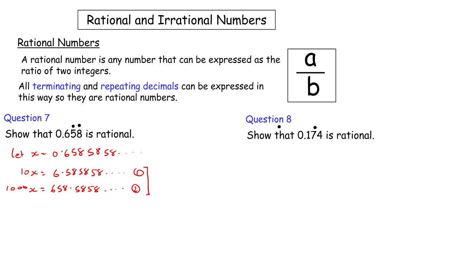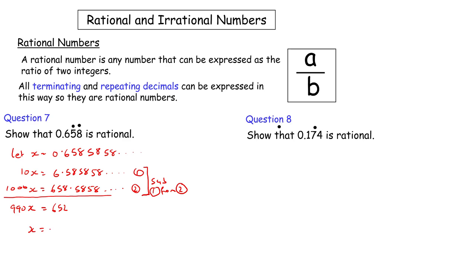So if I subtract 1 from 2, let's just draw a little line here, then I get 990x is going to be equal to 658 minus 6, which is 652, and the decimals, they subtract themselves and cancel.